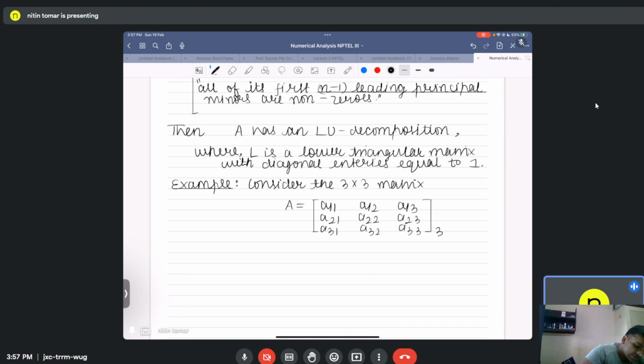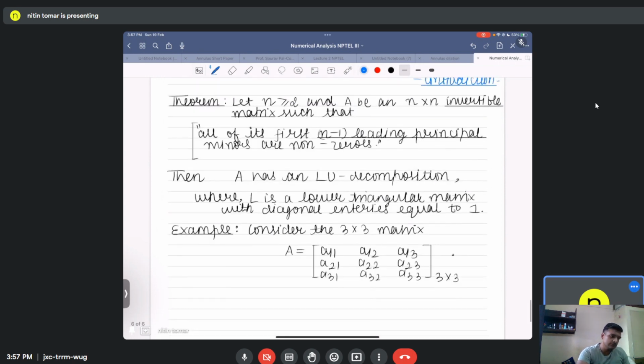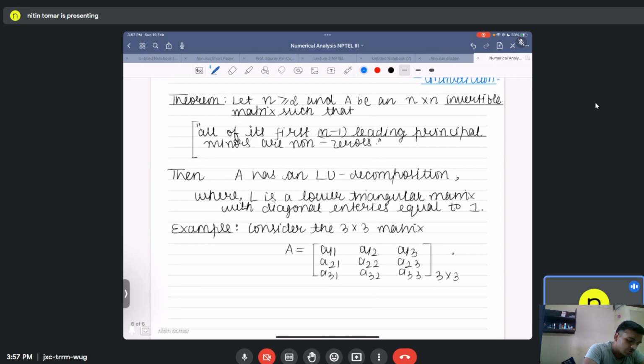So what is the size of this matrix? 3 cross 3, right? And so what does this theorem say? You put n minus 1 here.